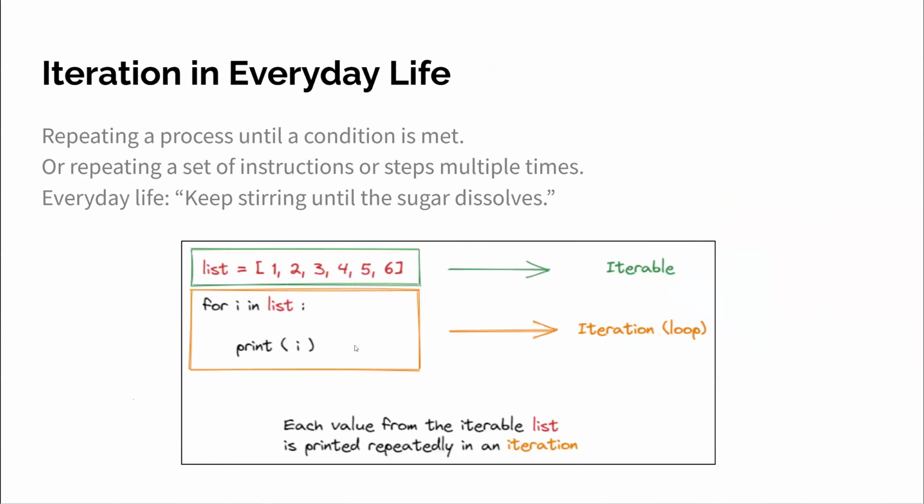Okay. Now the next principle is iteration. So iteration is repeating a process. Now in real life, there's not a very clear example of repeating, but maybe stirring. If you have sugar, for instance, if you want to dissolve the sugar in water, you keep stirring.